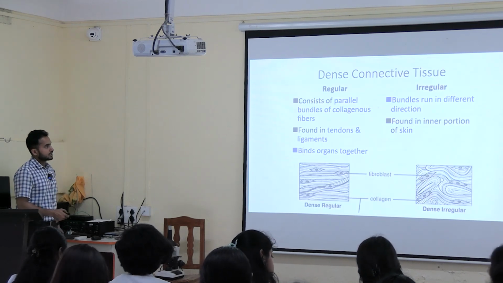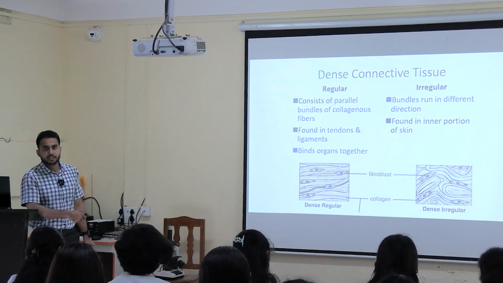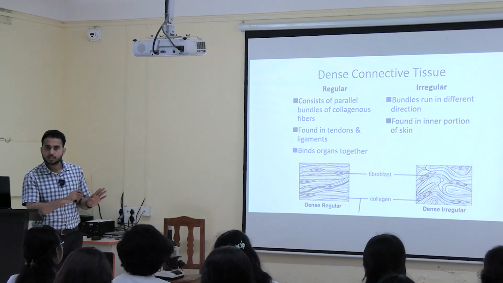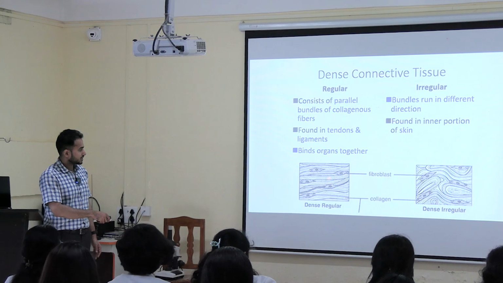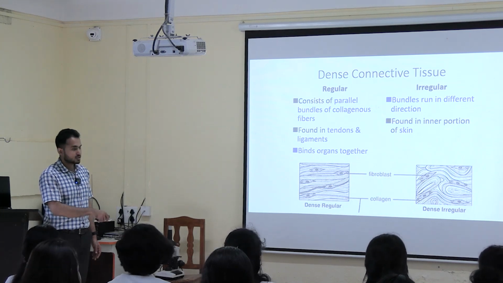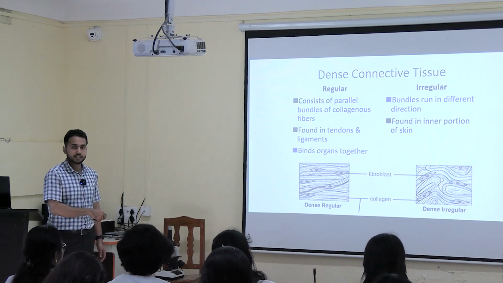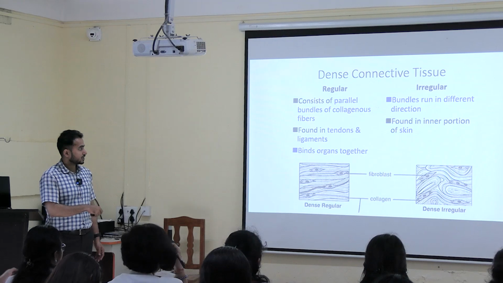Next, dense regular and dense irregular connective tissue. Now, what is the difference between dense regular and dense irregular? In both cases, bundles of collagen fibers are there. As you can see, here also bundles of collagen fibers are there. But the difference is that here they are regularly arranged, as parallel bundles of collagen fibers.